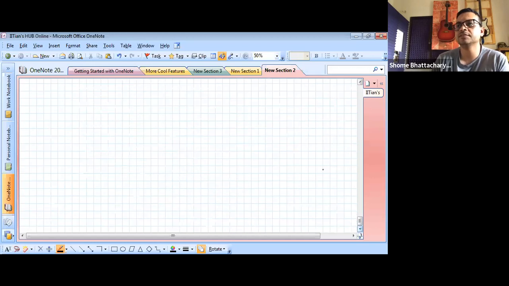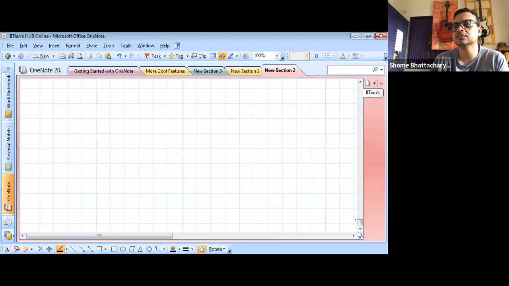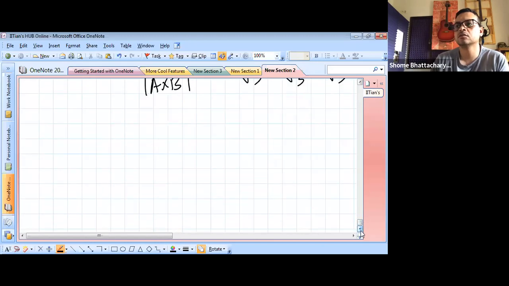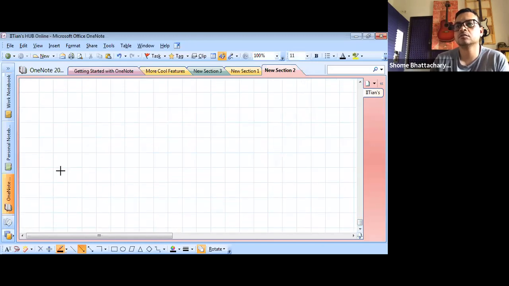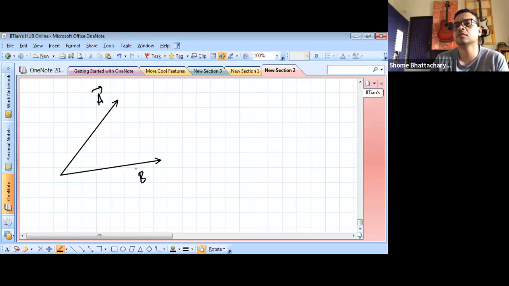You can see here that originally I had drawn the two vectors A and B like this, something like this, let's say. So here, what is the direction of A cross B? It is into the plane.